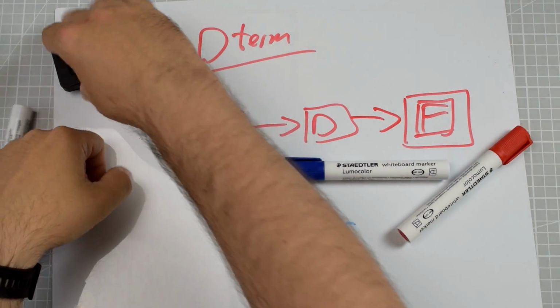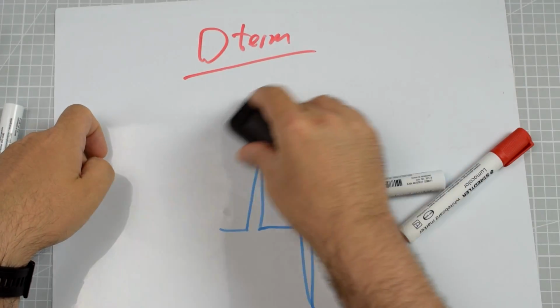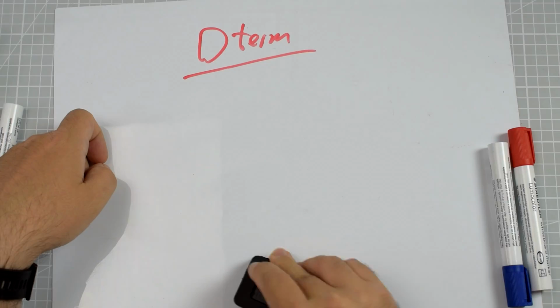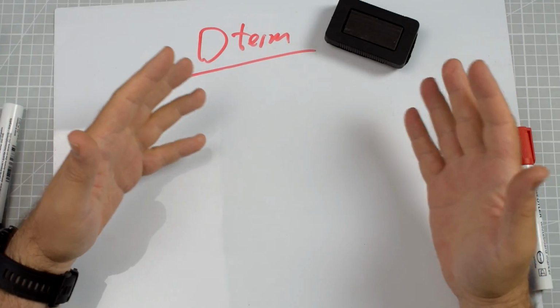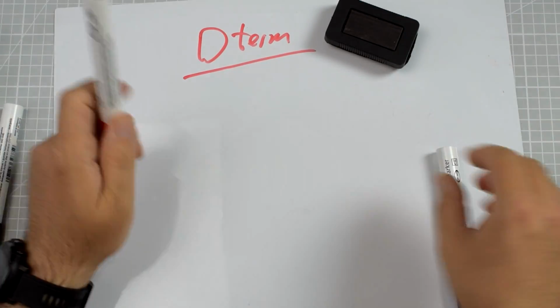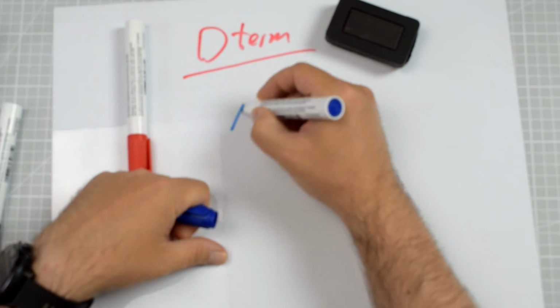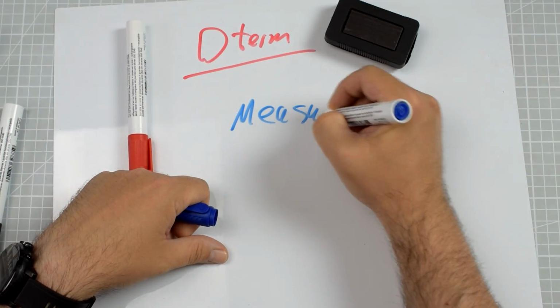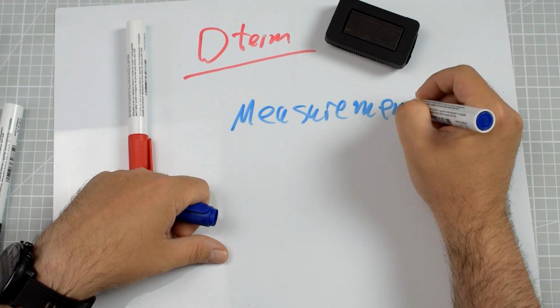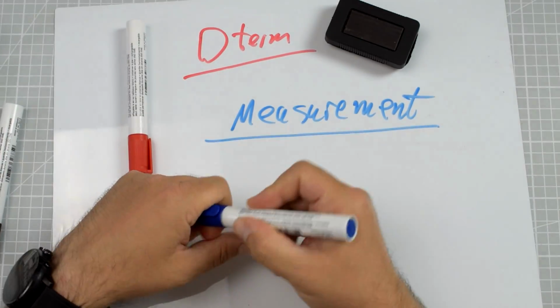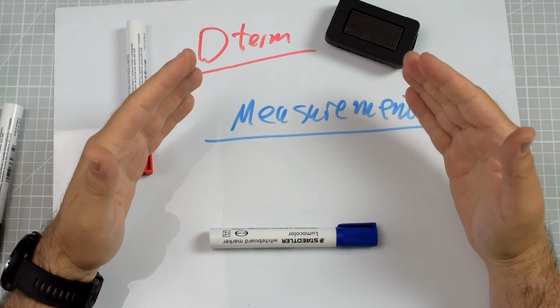That's not all of our adventures with the D term, because the D term as a value can be computed from different values. Method number 1 is computing the D term from the measurement. What does it mean?